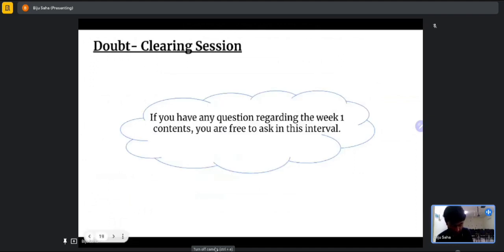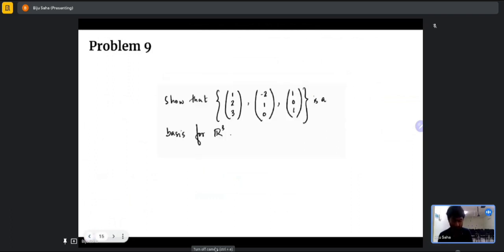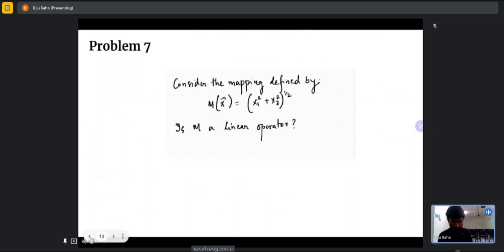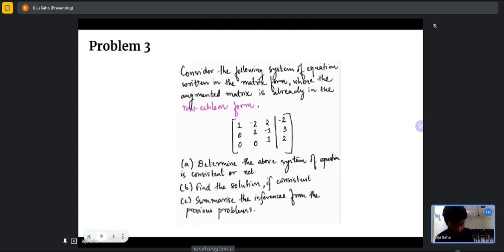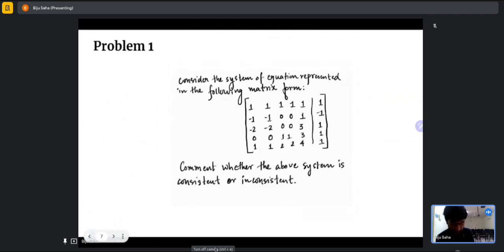Having solved all of these problems, today we mainly focused on the notion of rank, and how the rank of a matrix can help us tell the inconsistency or consistency of a set of equations. That is what we came across in the first few problems.